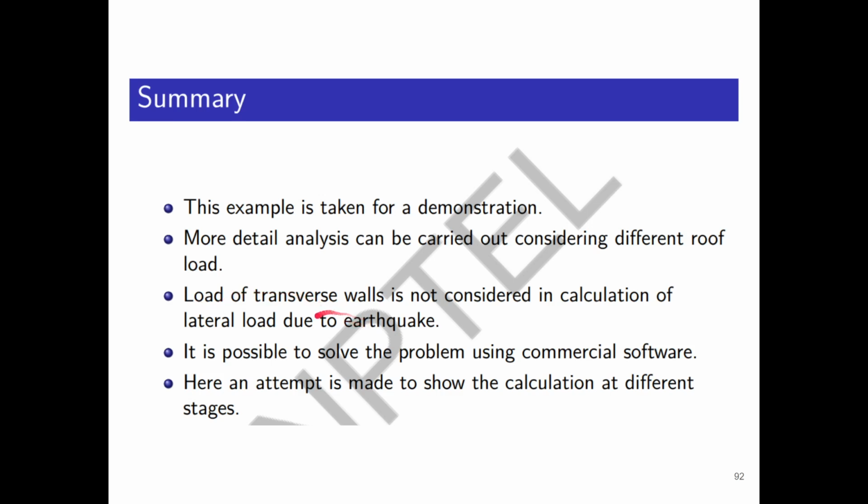The load of transverse walls was not considered because they were not structural specimens, so they were not considered in calculation of lateral load due to earthquake, but ideally they have to be considered. For high-rise buildings you need to consider them, because it will be too high to neglect.